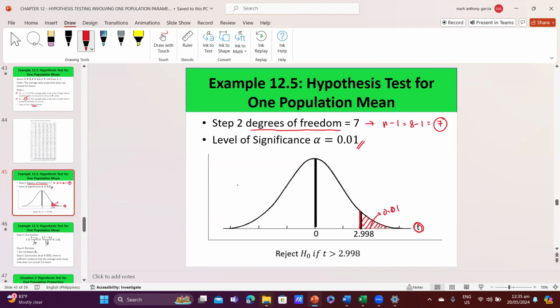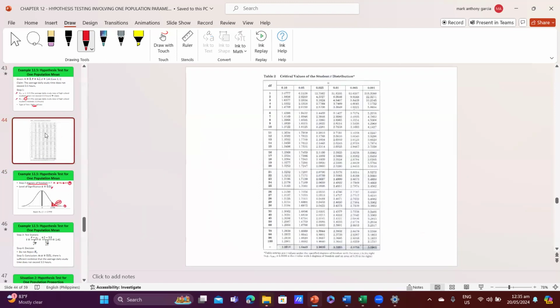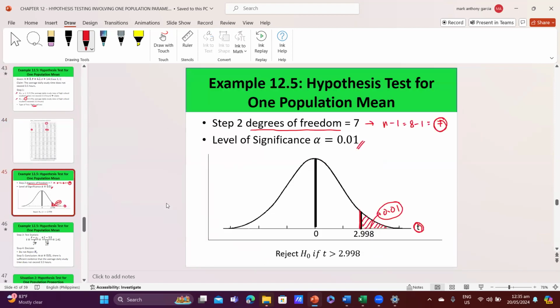So we have to read 0.01 and degrees of freedom 7 from our t-distribution table. So 0.01 and then 7, and that's 2.998. So which means our critical region is reject H0 if t is greater than 2.998.